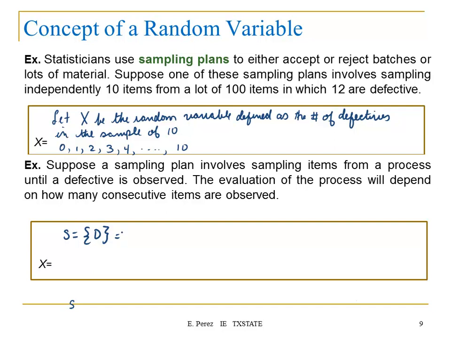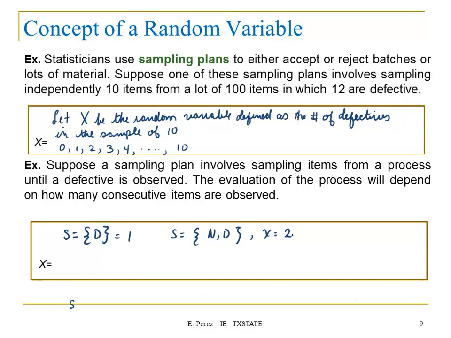What will be the value of the random variable? 1, because you got your defective on your first item. Now, if the sample is, say, non-defective and defective, what will be the value of X? 2, because it took you 2 items to get 1 defective.